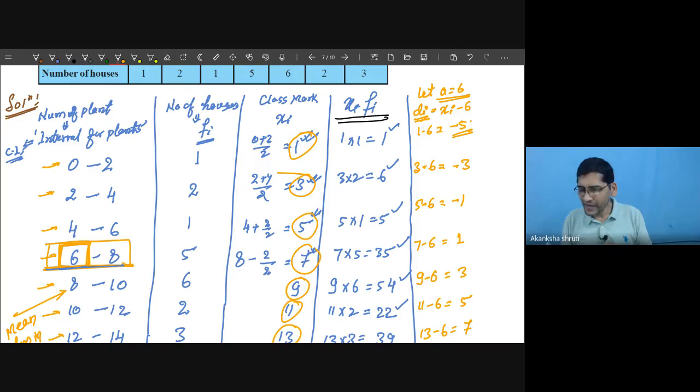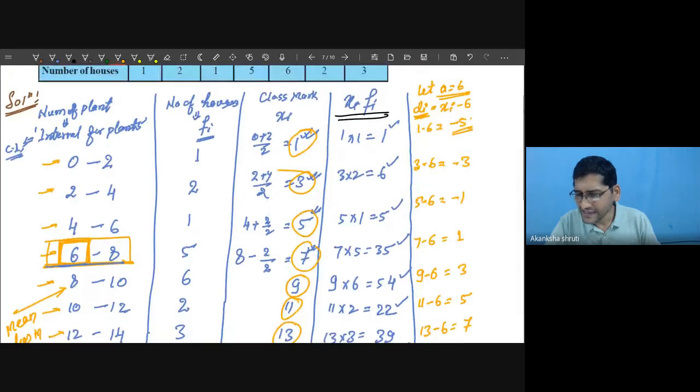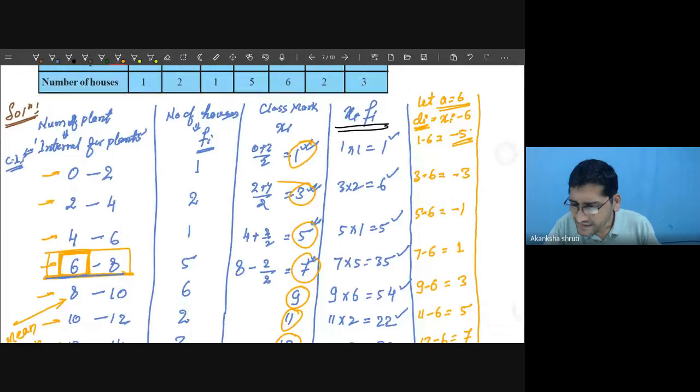Now the class mark shall not be considered, rather this deviation di shall be considered. So in another column you have to calculate di fi, di into fi.